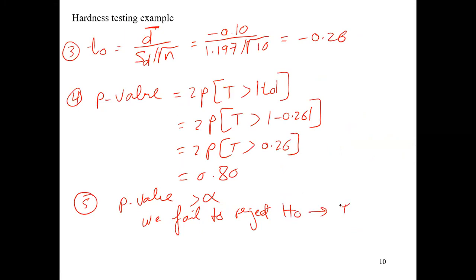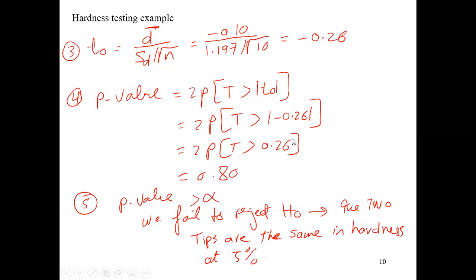It means the two tips are the same in hardness. The two tips are the same in terms of hardness at 5% significance level. So they are the same.